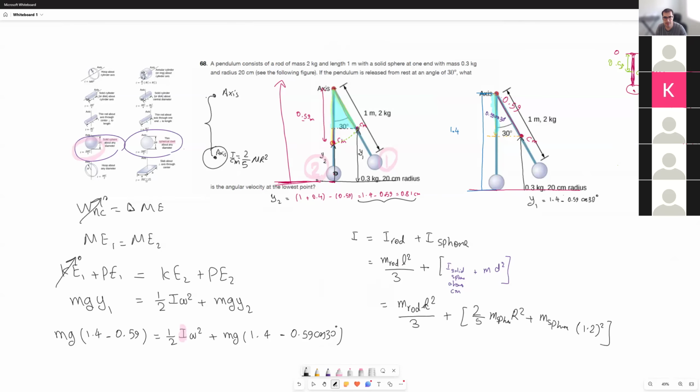This is this axis. From here to here is the length of the rod, which is 1.0, or 1 meter. From here to here is 1 meter, and from here to here is 0.2 meters. So that's what you're going to do.